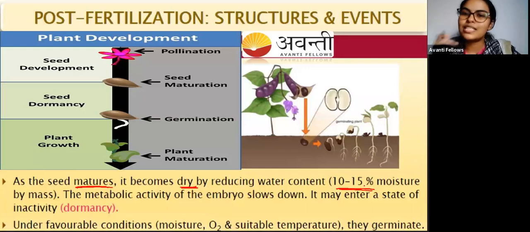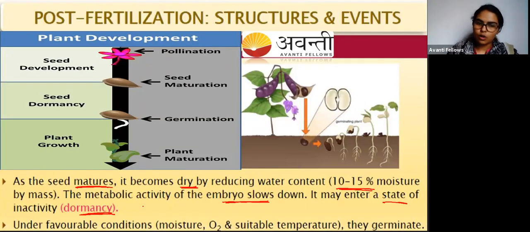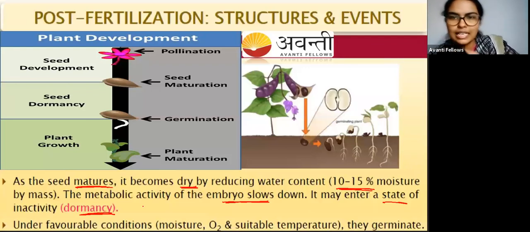For metabolism, cells definitely need water. But here the water is reducing, so metabolism will reduce, and eventually the seed will go into the dormant state. The metabolic activity of the embryo slows down and it enters the inactivity stage, also called the dormant stage. This seed dormancy is not seen in all types of seeds.